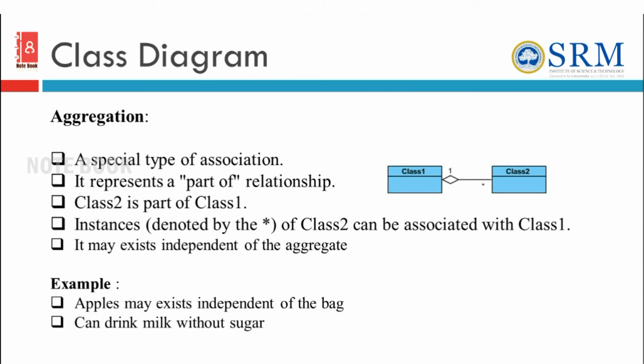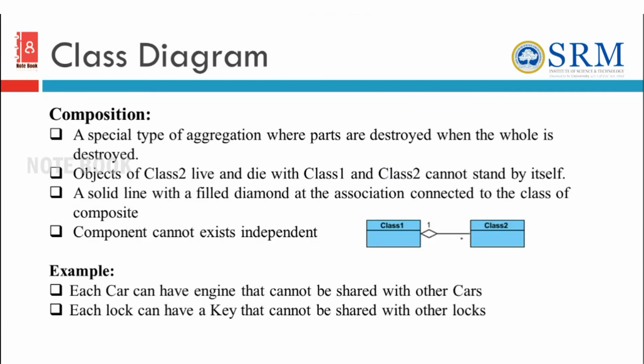So next comes composition. It's a special type of aggregation. Objects of class 2 live and die with class 1, and class 2 cannot stand by itself. The component cannot exist independently.